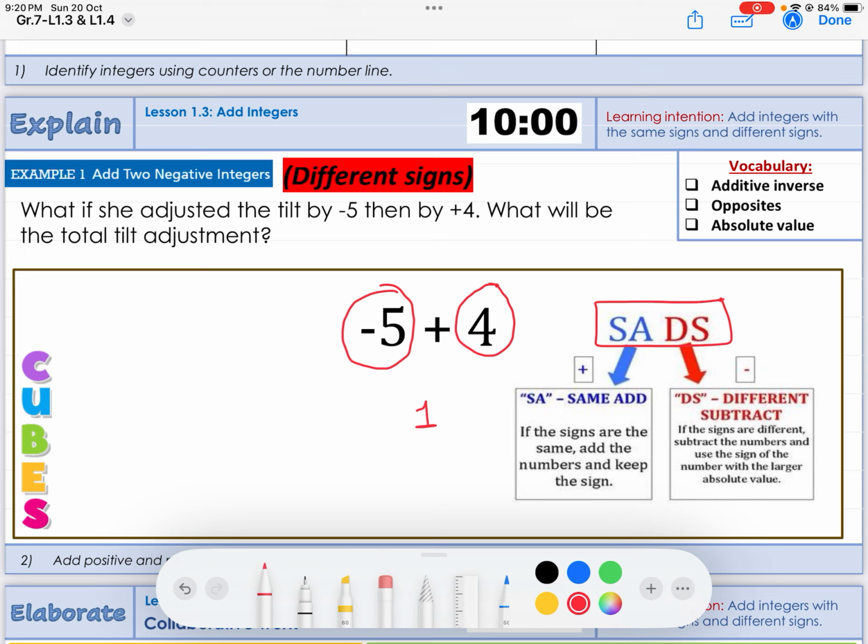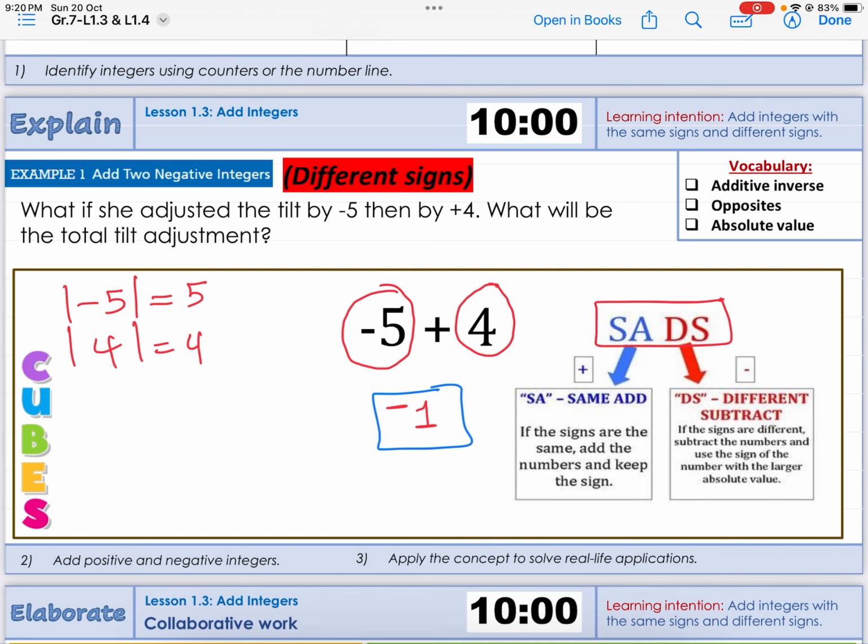The absolute value of -5 is 5, and the absolute value of 4 is 4. So 5 has a greater absolute value, and I'm going to take the sign of 5, which is negative. So my answer will be -1. This is how you add two integers with different signs.